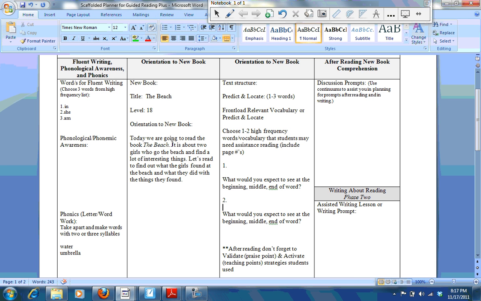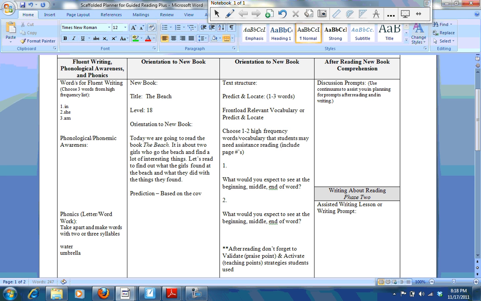Now, in this area, you can also make predictions. Maybe you want them to read to a certain page. If there's a good place to provide a prediction, then maybe you want to do that. Or maybe you want to do the front cover. Based on the cover, what do you think this story is going to be about?